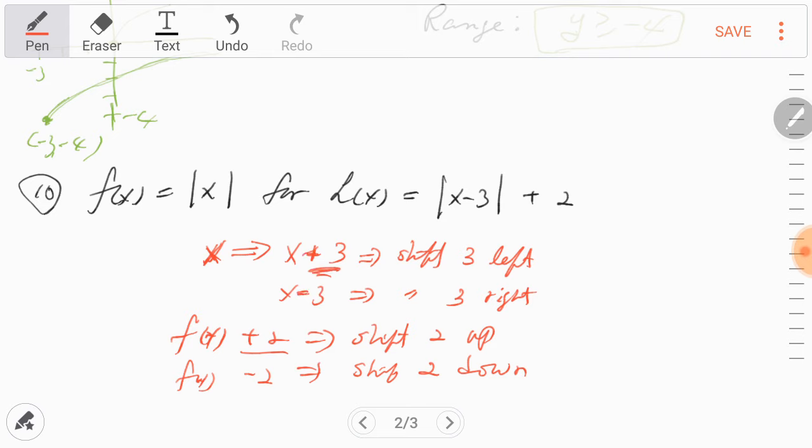For f of x, if we add something, then up, minus something, then down. So this means shift the graph of absolute value of x 3 units what? Shift 3 units right. And then 2 units up, right?